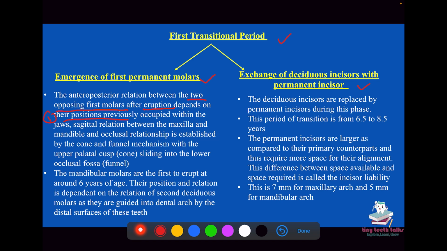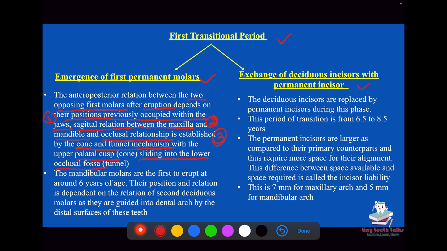First, their positions previously occupied within the jaws. Second, the sagittal relationship between the maxilla and mandible. The third is occlusal relationship, which is established by the cone and funnel mechanism, with the upper palatal cusp as the cone, which slides into the lower occlusal fossa, which is the funnel.